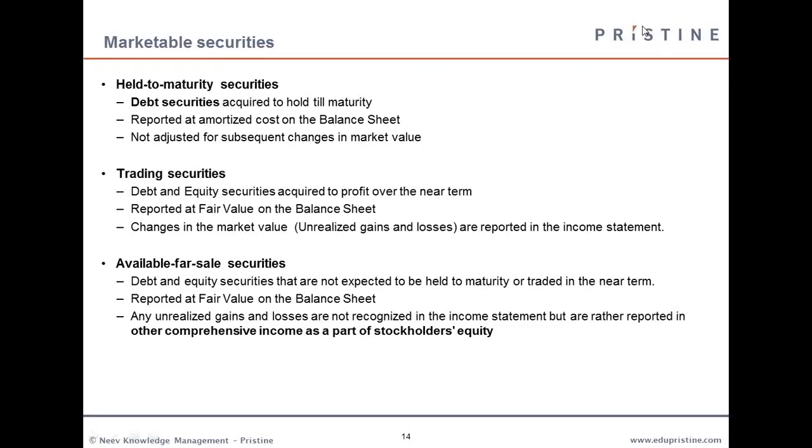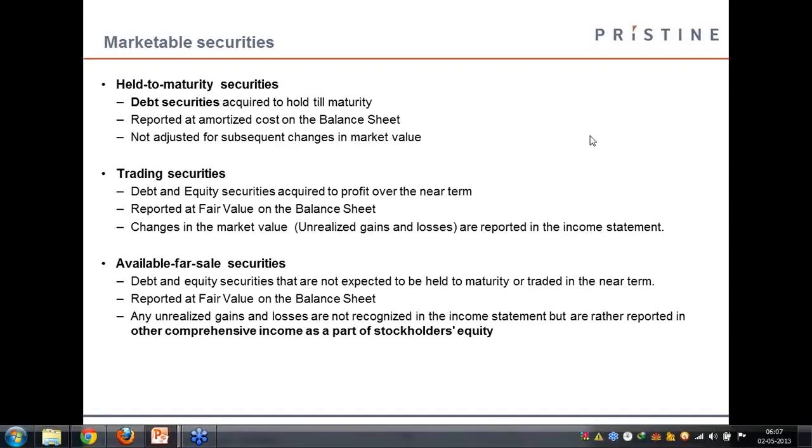The held to maturity securities are the debt securities which are required to be held till maturity. Say you buy a 1-year bond and you are ready to hold it till 1-year maturity, then that comes under held to maturity securities. Such securities are reported at amortized cost on the balance sheet. In this case, the difference is there are no adjustments for the change in market value.